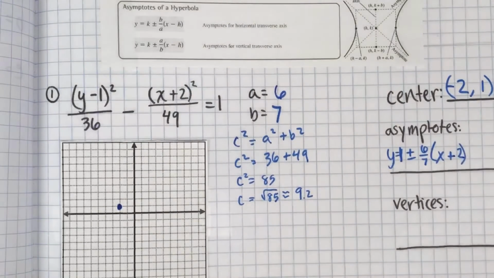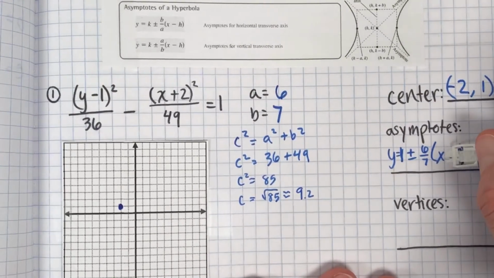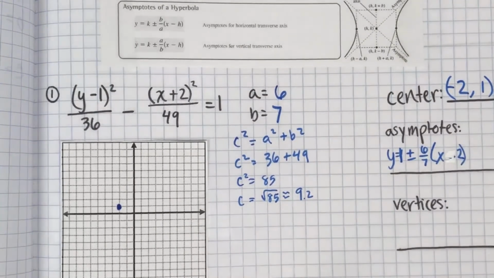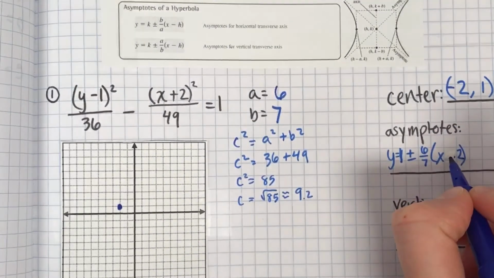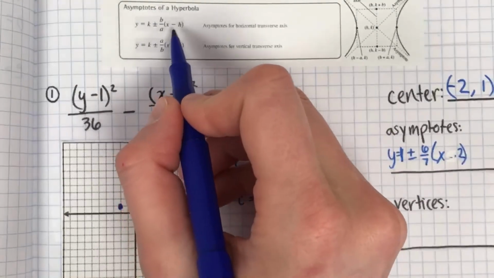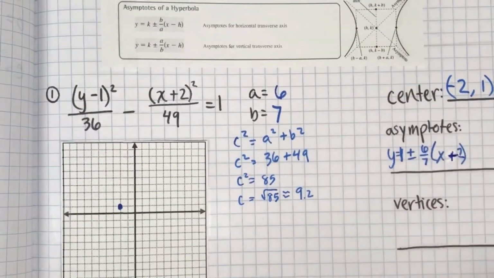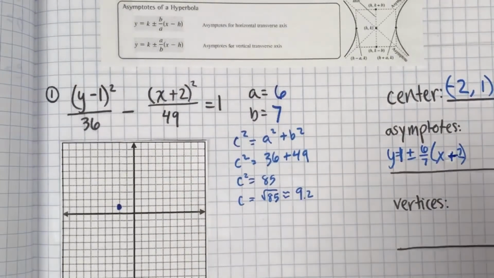And that should be a minus 2. It's always that opposite of what's in our equation. Oh, no, it is plus 2. Here we've got a negative, so it is plus 2. Lots of positives and negatives in hyperbolas.